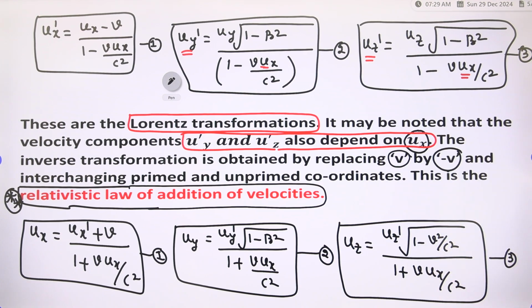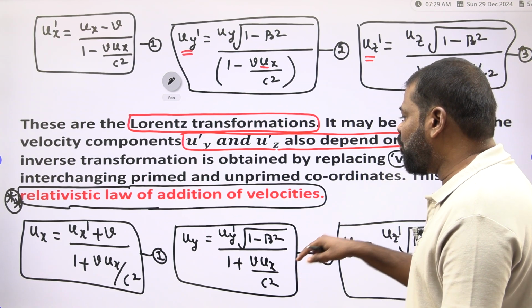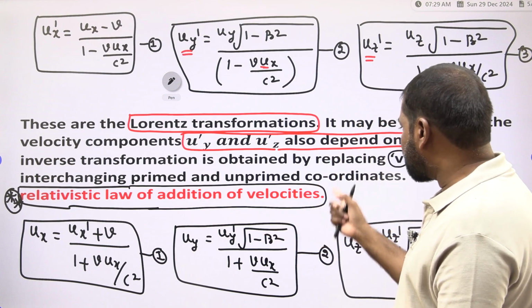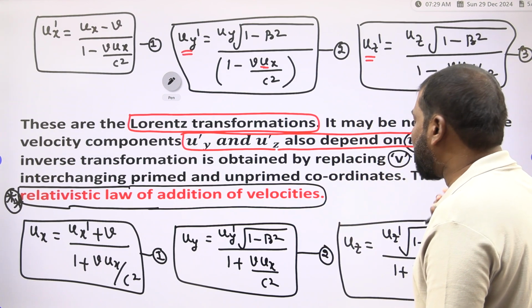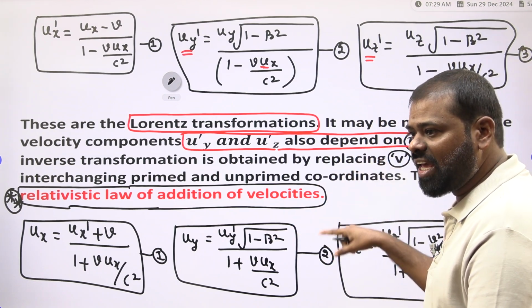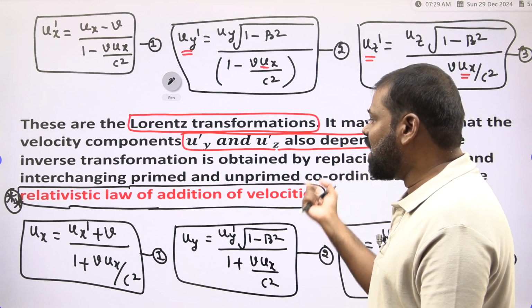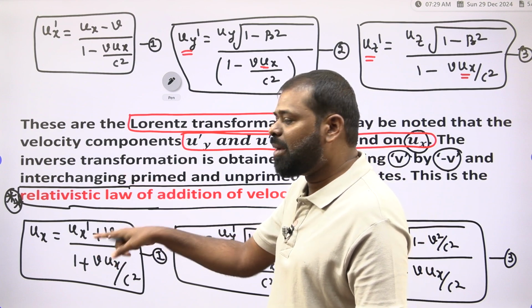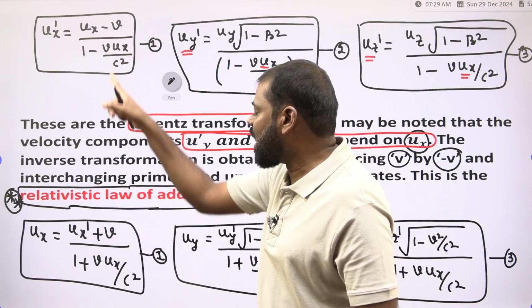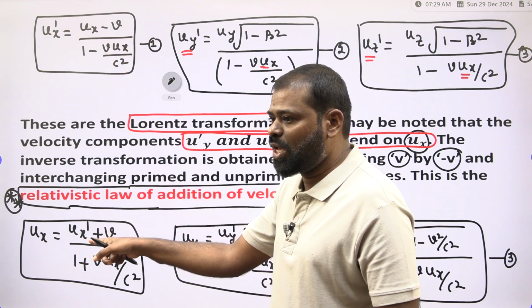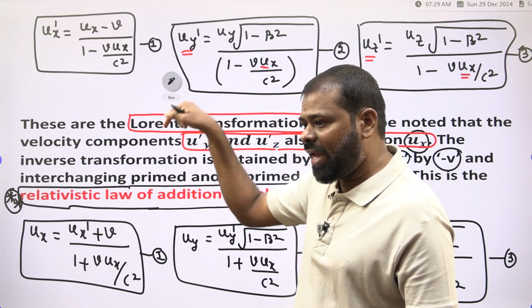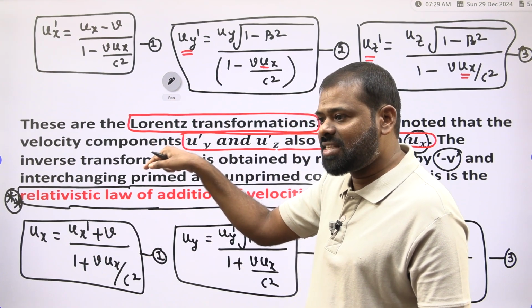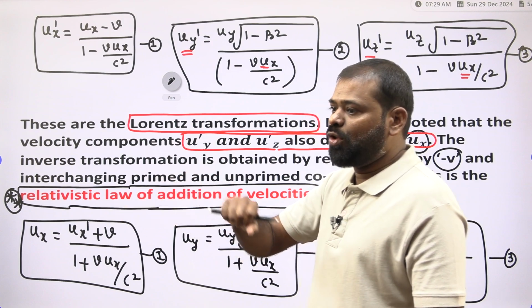We replace v by minus v, and primed coordinates we write as unprimed coordinates, and unprimed as primed.